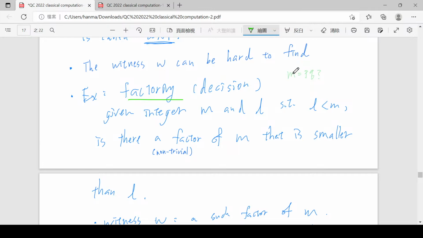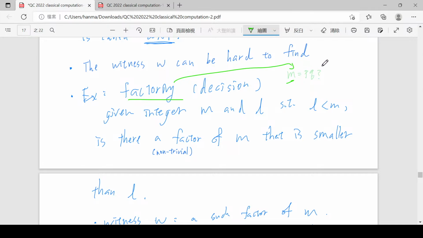So we are given a number and we want to find its factors. We want to say whether it can be written as a multiplication of two non-trivial factors, so both of those are not 1. In short, the input is this number n, and we want to see whether n equals some p times q, with p and q both non-trivial.